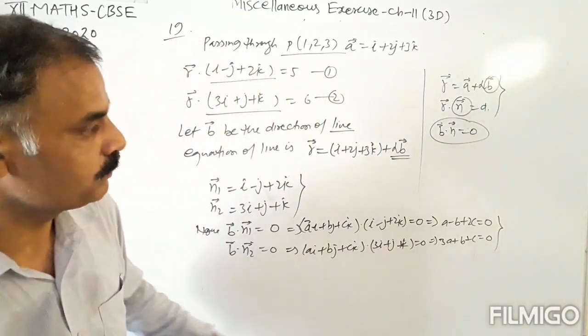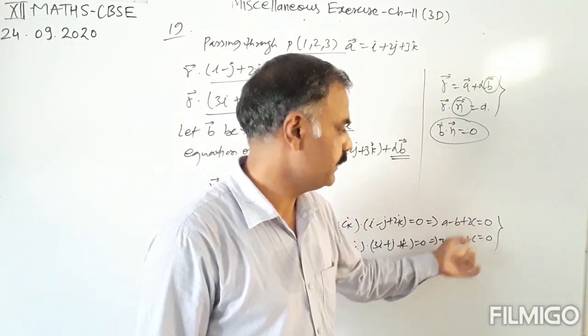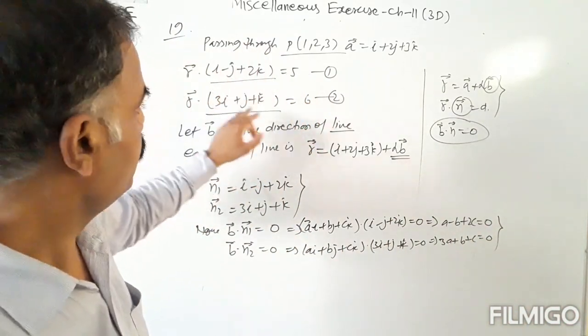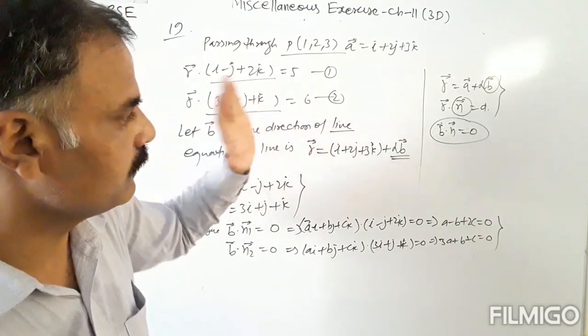So we have two equations in a, b, c: a minus b plus 2c equals 0 and 3a plus b plus c equals 0.